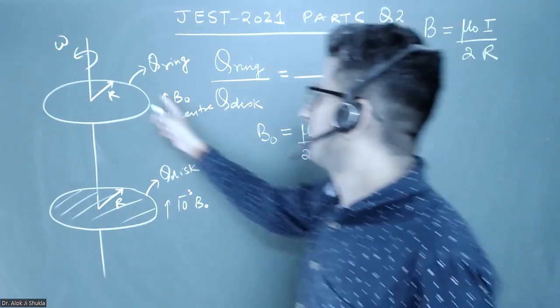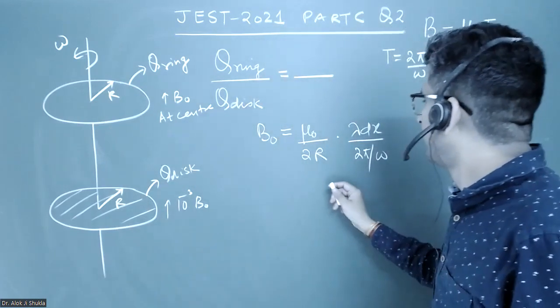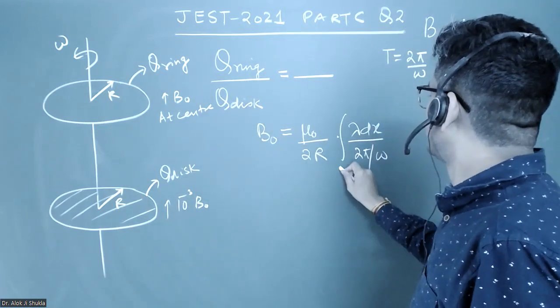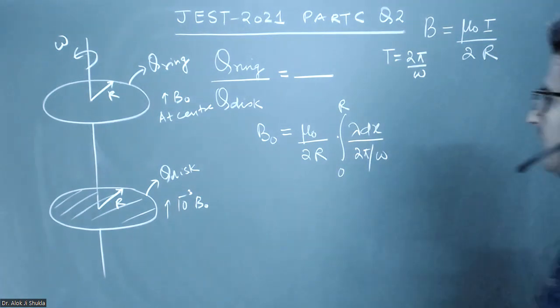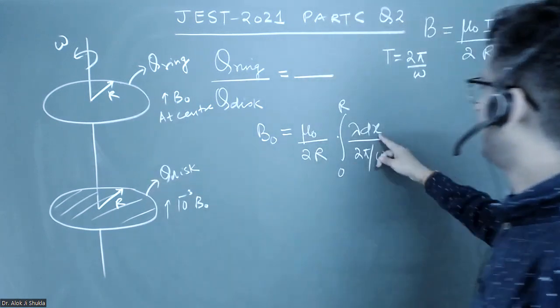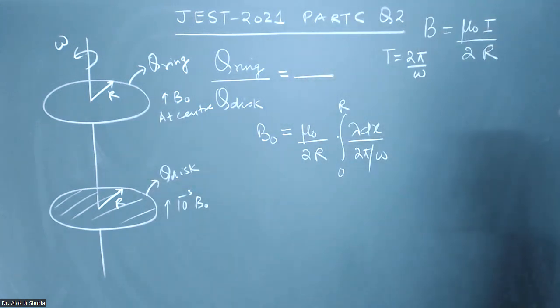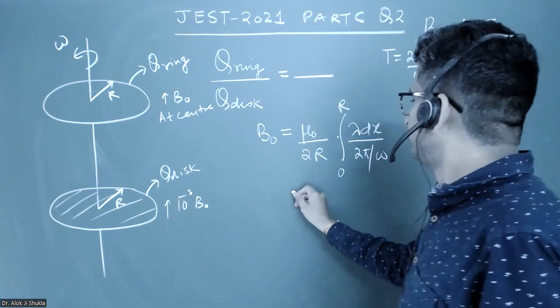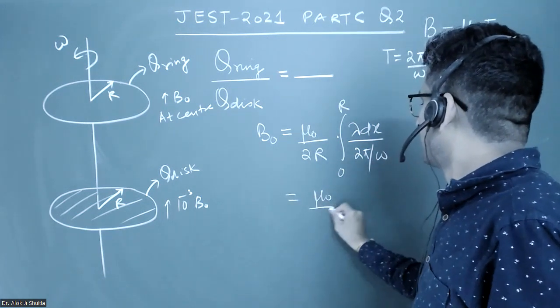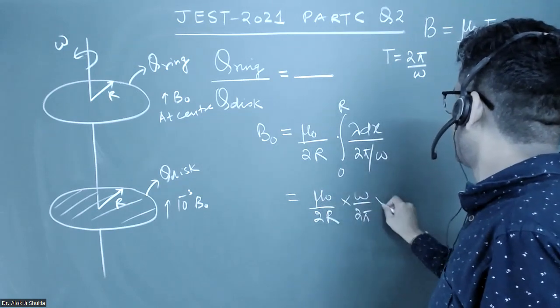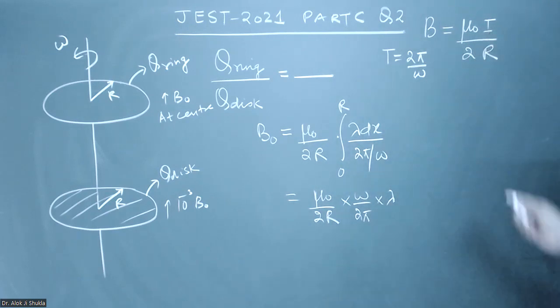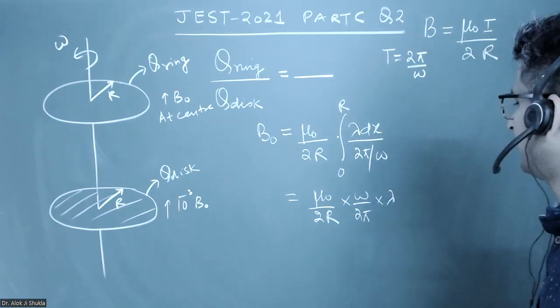So for the total contribution of the magnetic field, it will be an integral from 0 to r of lambda dx. This dx has to be written in terms of the circumference. So we can write this as mu naught over 2r into omega by 2 pi into lambda, and what will be the total length after the integration?